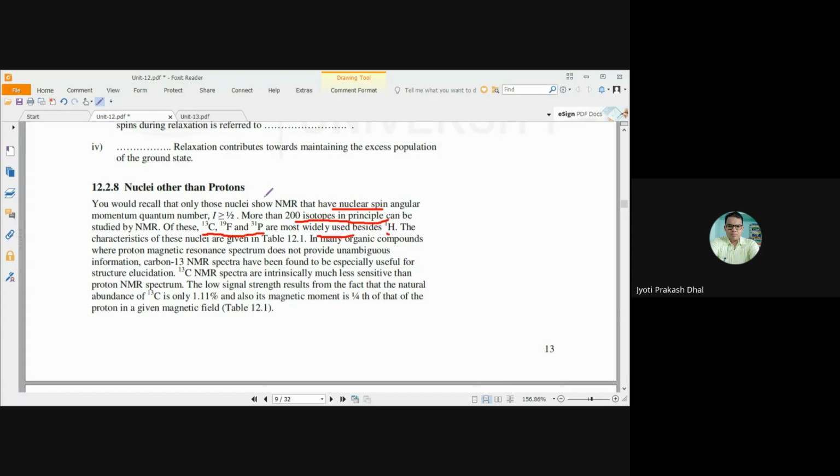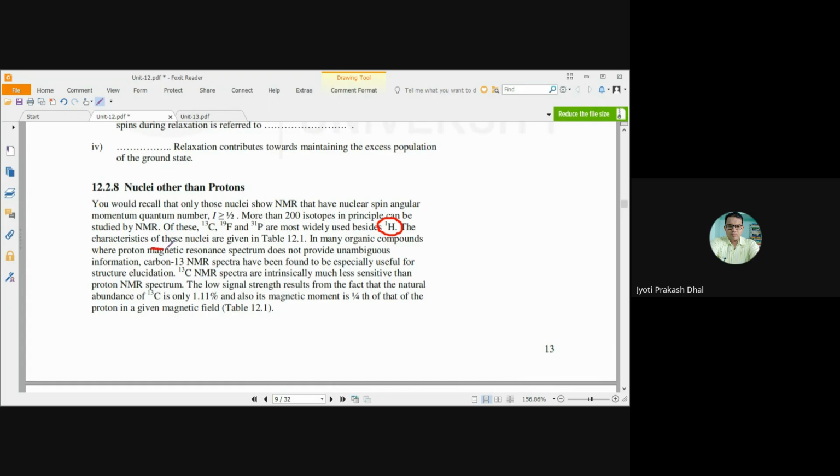So 1H1 NMR is called proton NMR, PNMR. The other NMR techniques are carbon NMR, fluorine NMR, and phosphorus NMR. For carbon NMR, the 6 carbon 13 nucleus is used. For fluorine NMR, the 9 fluorine 19 nucleus is used, and for phosphorus NMR, the 15 P31 nucleus is used.